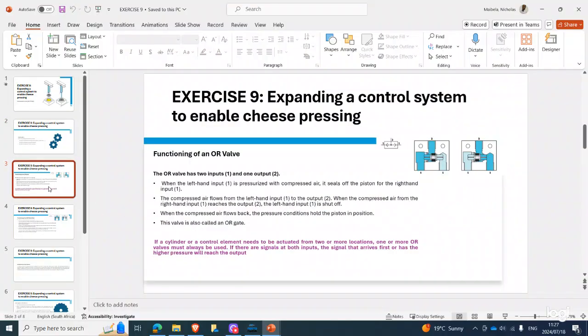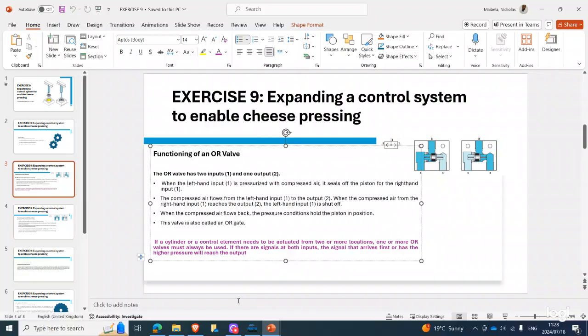Before we go to that, we have to talk about an OR valve. An OR valve works in a manner such that it can allow two inputs and one output.